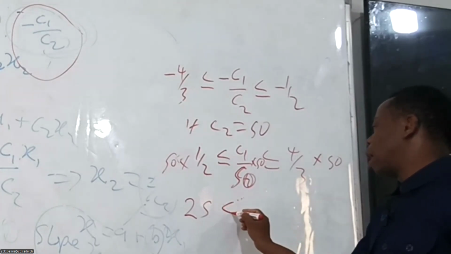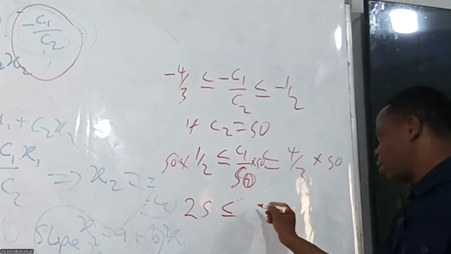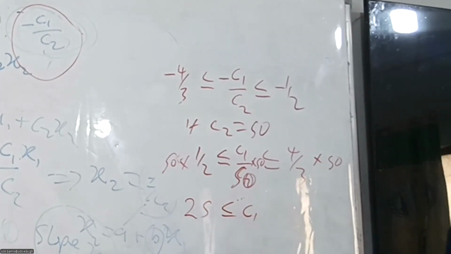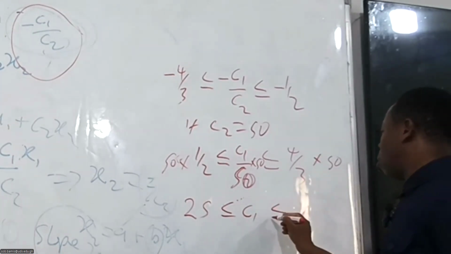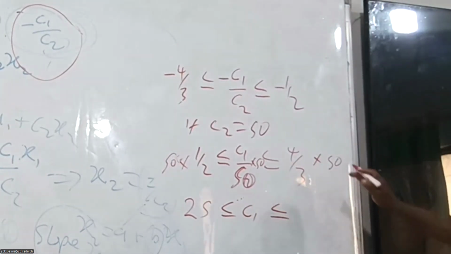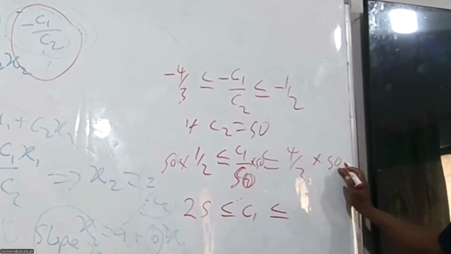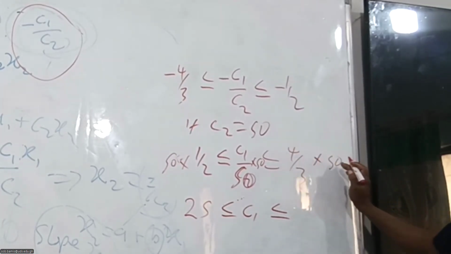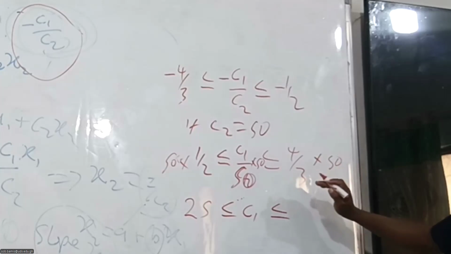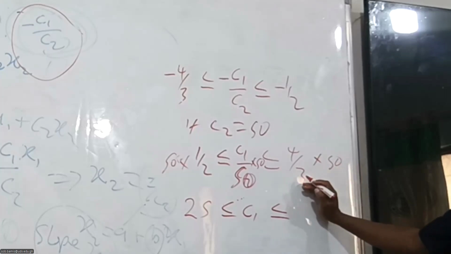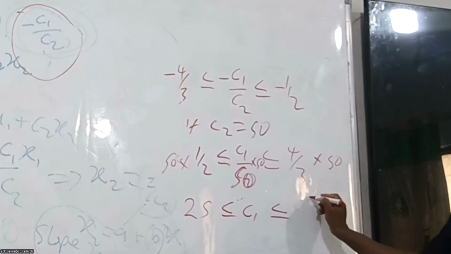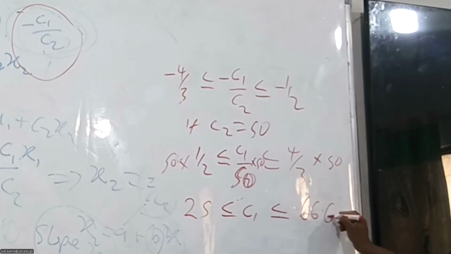We now have 25 less than or equal to C1, less than or equal to 4 times 50, which is 200 divided by 3, is 66.67.